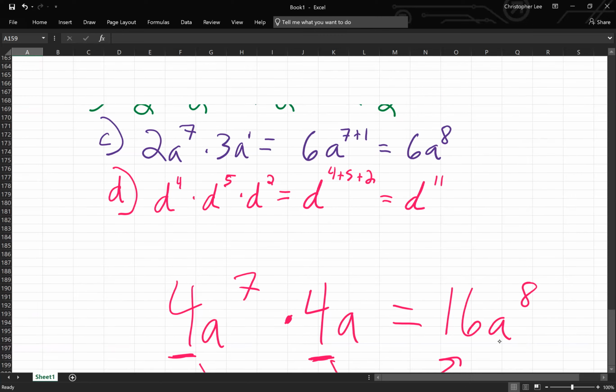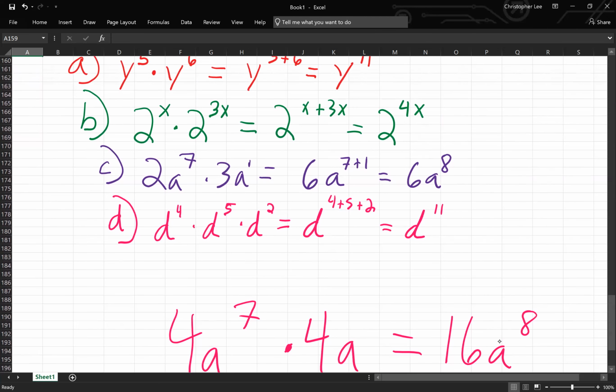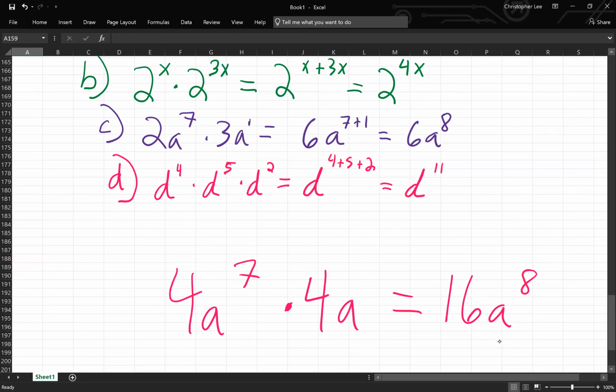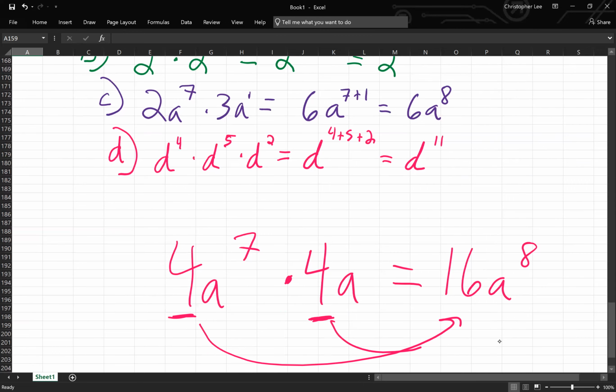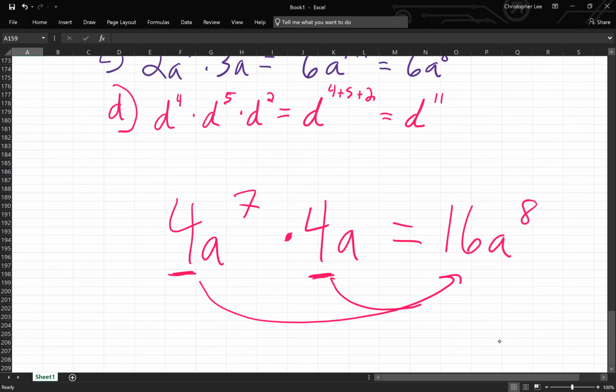In the green, oh no, the green doesn't have a number in front though, because the two is the base, right? If it has a coefficient, the coefficient gets multiplied.